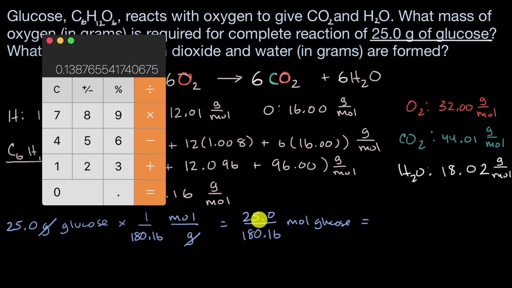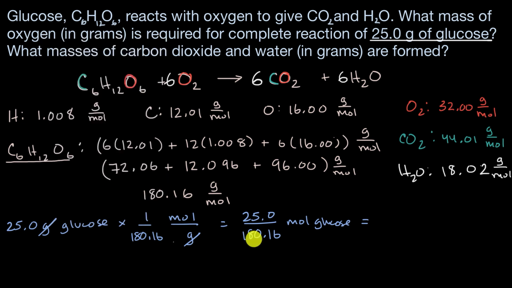25 divided by 180.16 is equal to this. And let's see, I have 3 significant figures divided by 5 significant figures, so I'm going to round to 3 significant figures. So 0.139. So this is approximately equal to 0.139 mole of glucose. Now, they say the first question is, what mass of oxygen is required for a complete reaction of this?